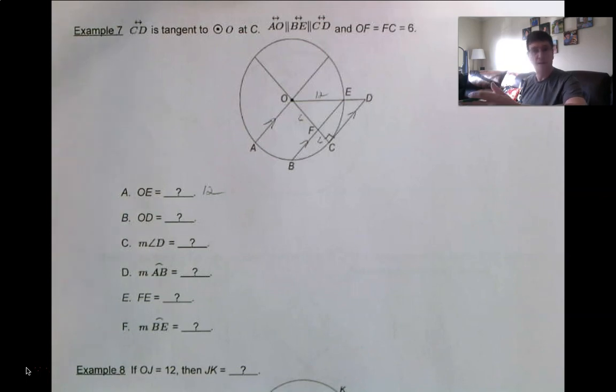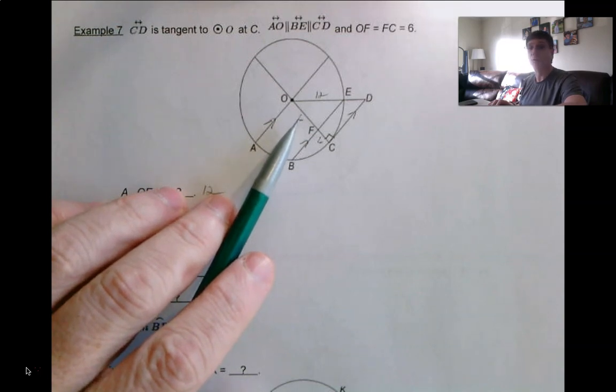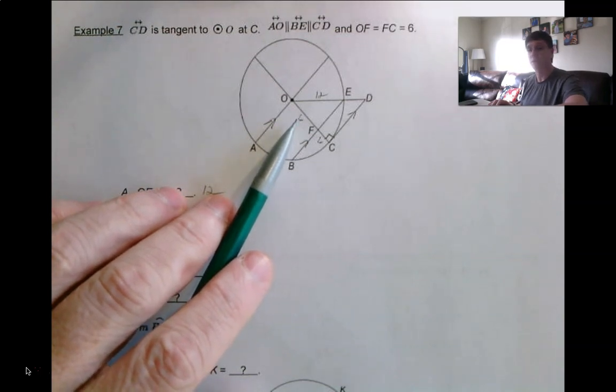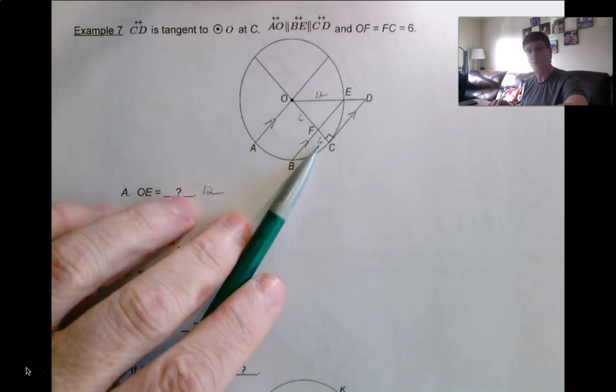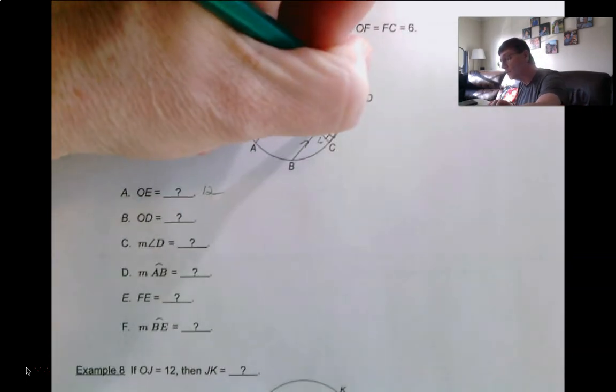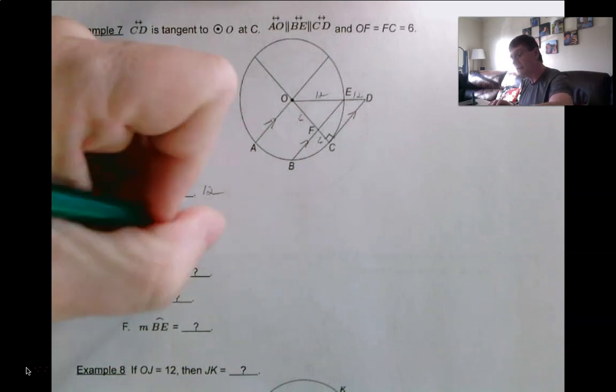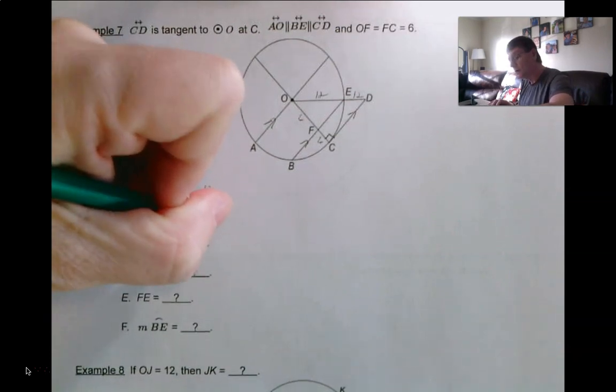That's a theorem that we had back when we were doing parallel lines, back in chapter 4, I think, possibly 3. If that transversal is broken up congruently, then all the transversals will be broken up congruently. This one is being broken up into 6 and 6 congruently. This has to be broken up into 12 and 12. Again, I know it doesn't look like it, which makes OD equal to 24.